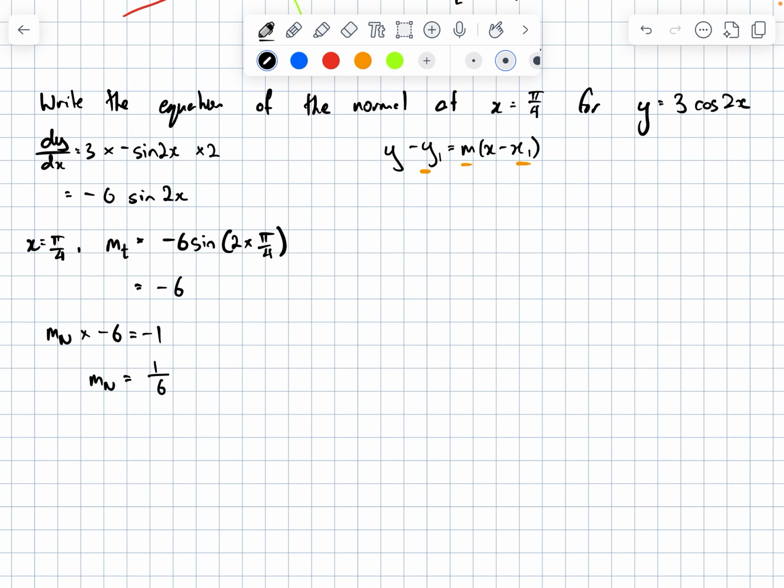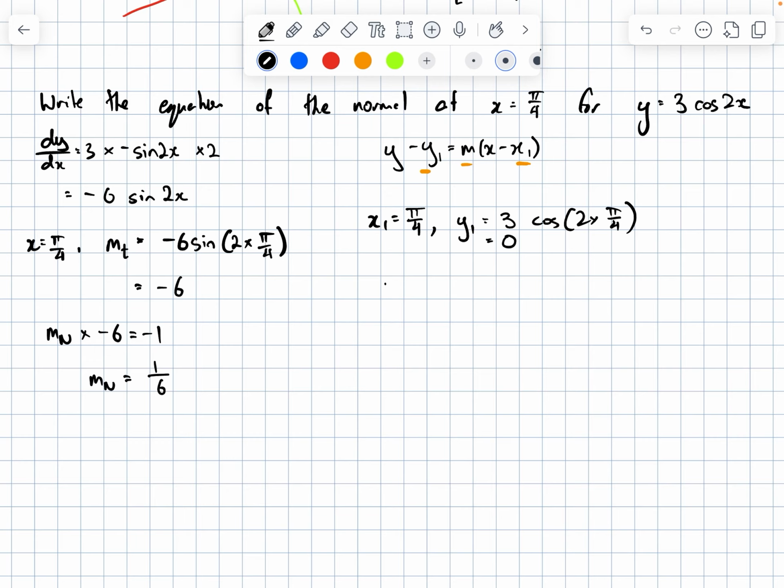M is the gradient, and x1, y1 is a point. We already know that x1 will be pi over 4, because that's given to us, so we need to find y1. Well, to do that, we're just going to substitute pi over 4 into our original equation. So 3 cos 2 times pi over 4. That gives us 0.